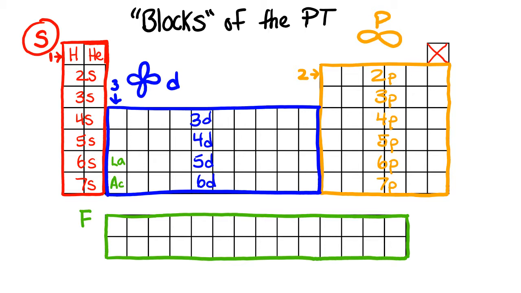But the same procedure applies for F block elements as it does for the other ones. They are just a little lengthier to get to, even with the shortcut. The F block starts off with the number 4. And it would have then two types. You have 4f and 5f.